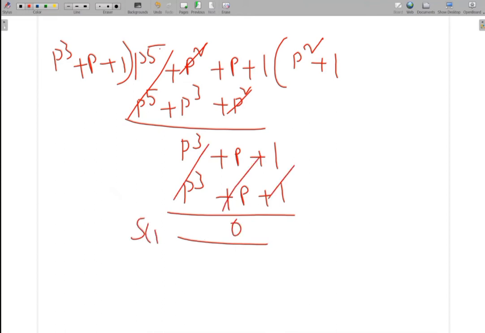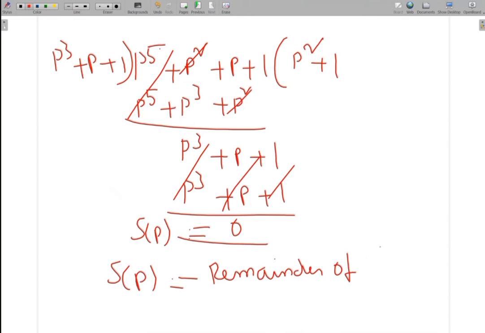That means S of P is the remainder of Y of P by G of P. S of P is equal to 0. S of P is equal to 0.